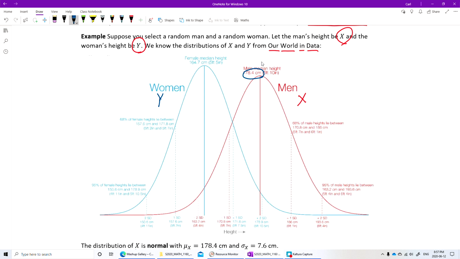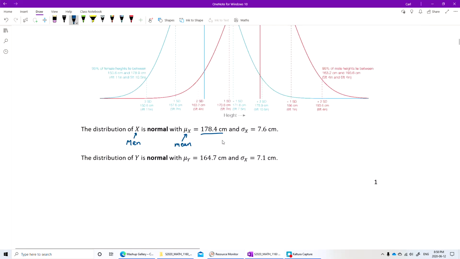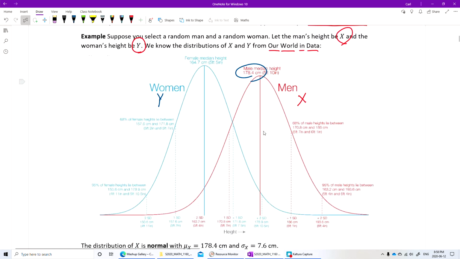But it's the mean for our purposes. And the standard deviation for the men's heights is 7.6 centimeters. So where does standard deviation appear? It's this width, from the middle to the steepest point here, 7.6 centimeters.